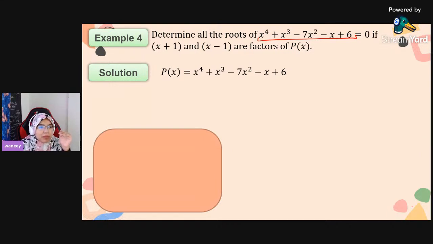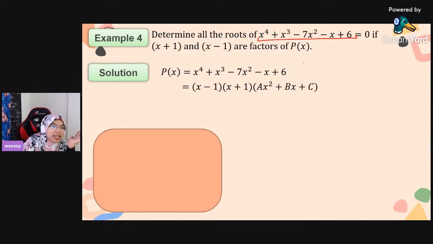Therefore, I can write them down as x minus 1, x plus 1, and then I definitely need to have another quadratic function. Why quadratic function? Because x multiplied with x gives me an x squared. In order to get x to the power of 4, I have to multiply with another x squared.